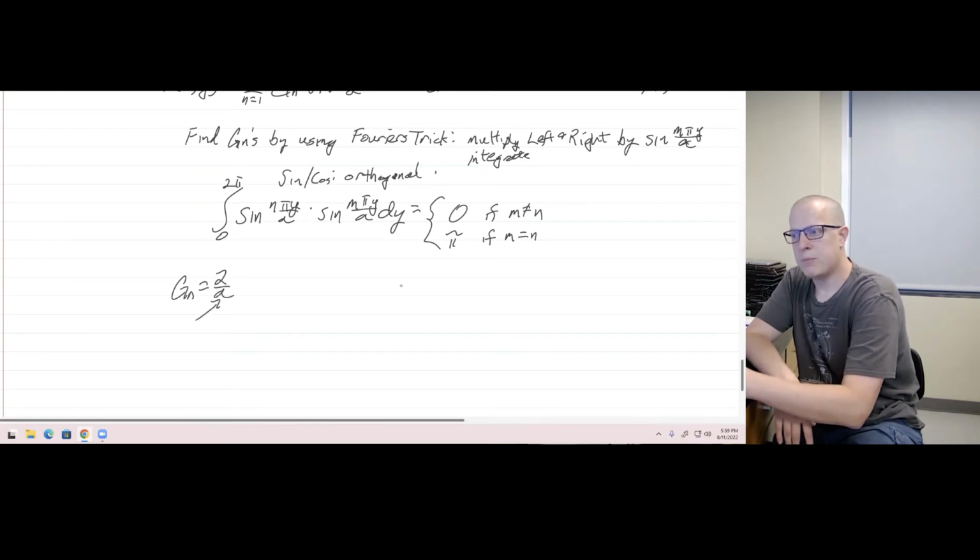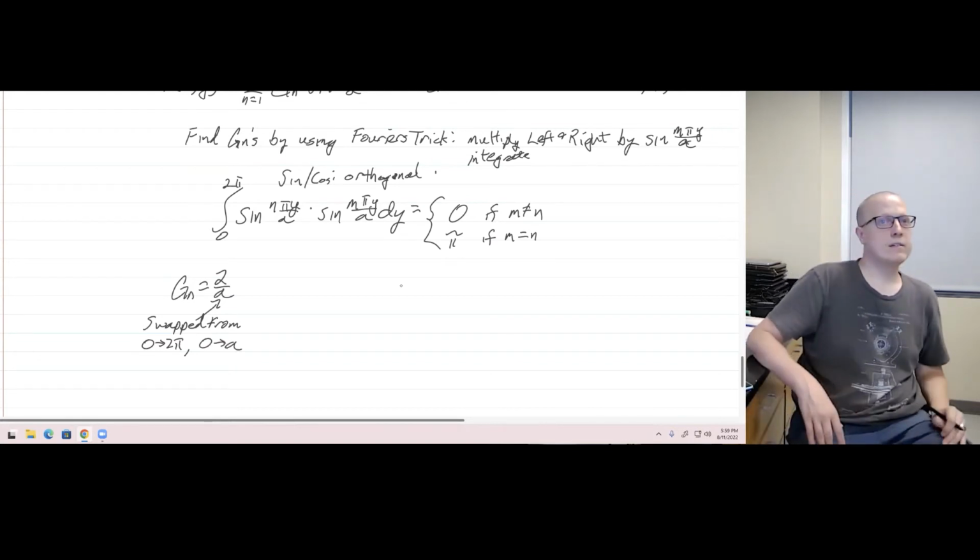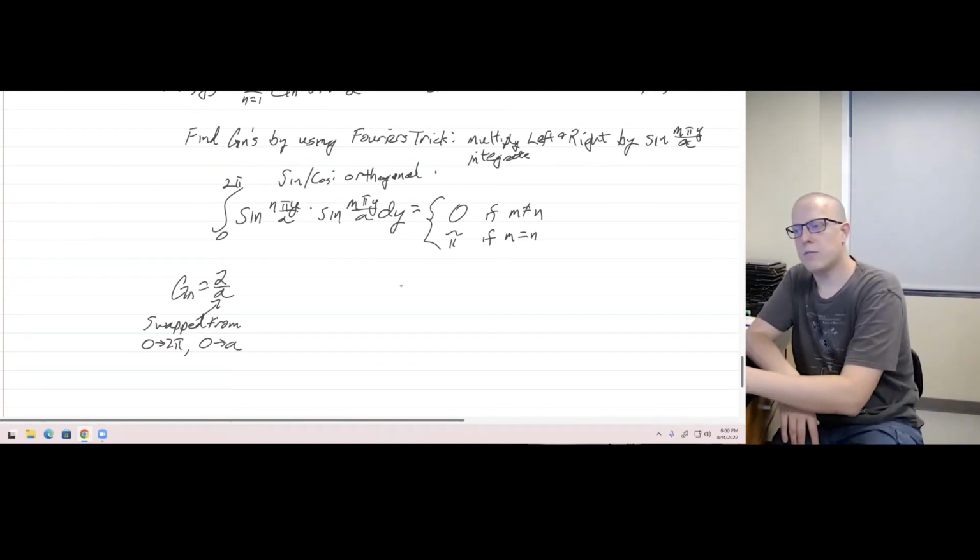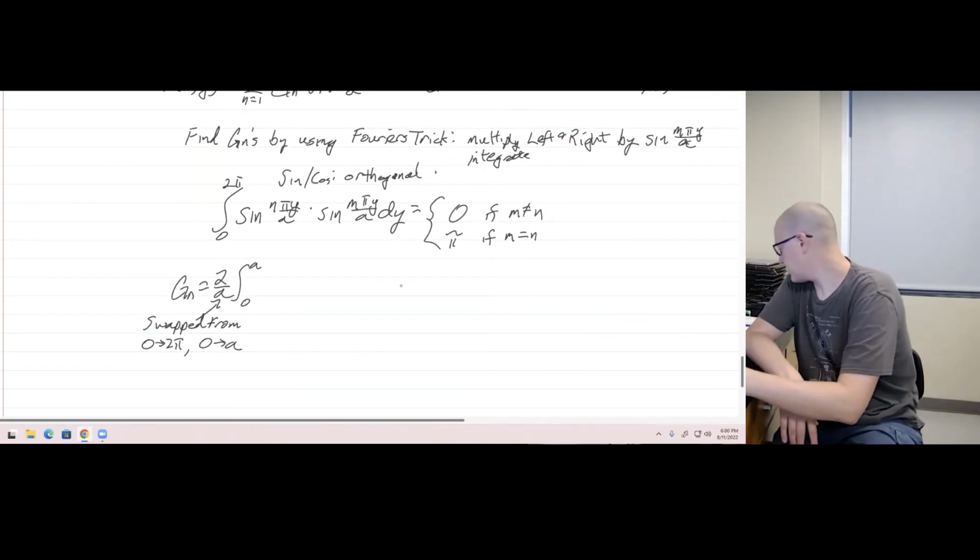So I have to put this out front because I swapped from going from 0 to 2 pi to now going from 0 to a. So that's where this 2 over a comes from. And I integrate from 0 to a.